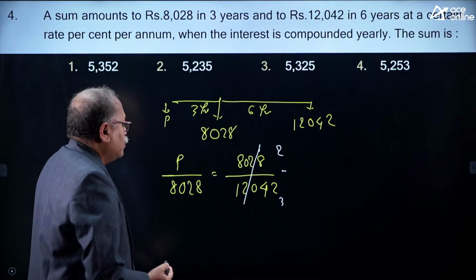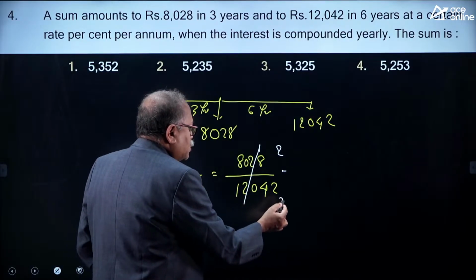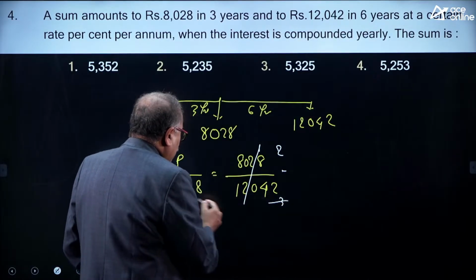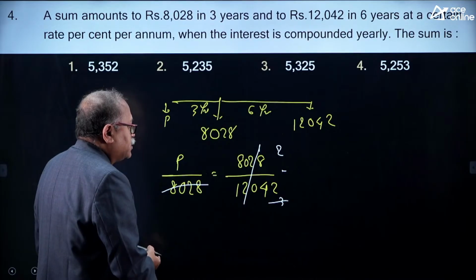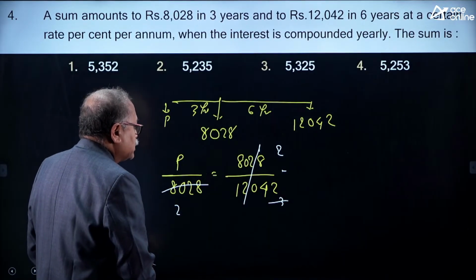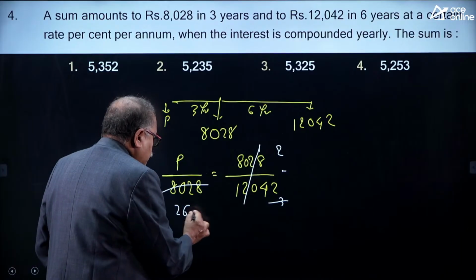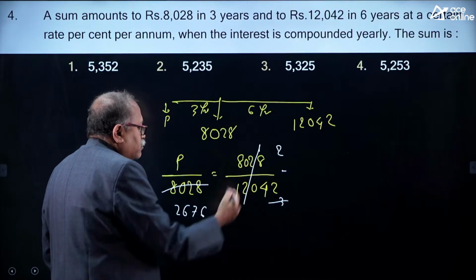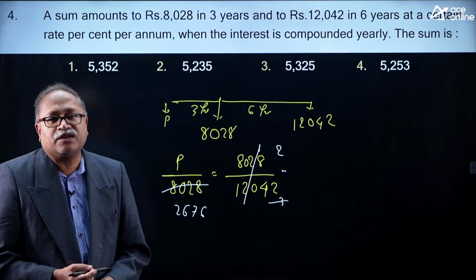Now with the 3 this gets cancelled over here. So that's 2676, and multiply this by 2, you are getting the answer.